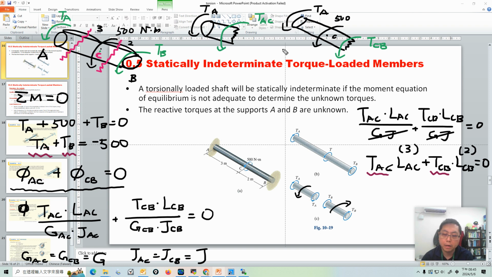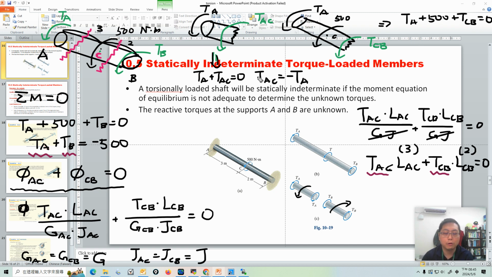Then we do the moment balance on each section. For the first section, you will have T_A plus T_AC equal to 0, and that tells you T_AC is equal to minus T_A. And here you have T_A plus 500 plus T_CB equal to 0, because everything is static in this course, so the moment must be balanced.